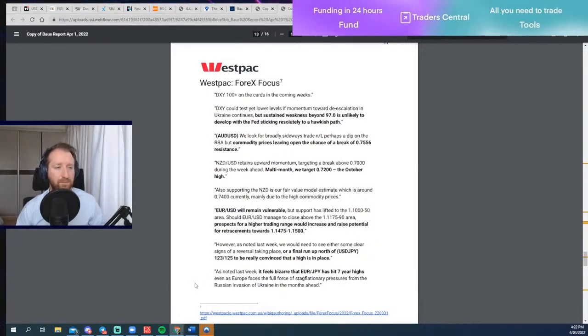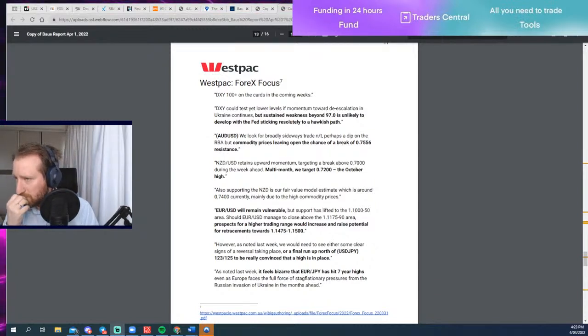This report gives price targets for all the major currencies. All the stuff that's important is in bold. And on page 6 there's more forecasts.